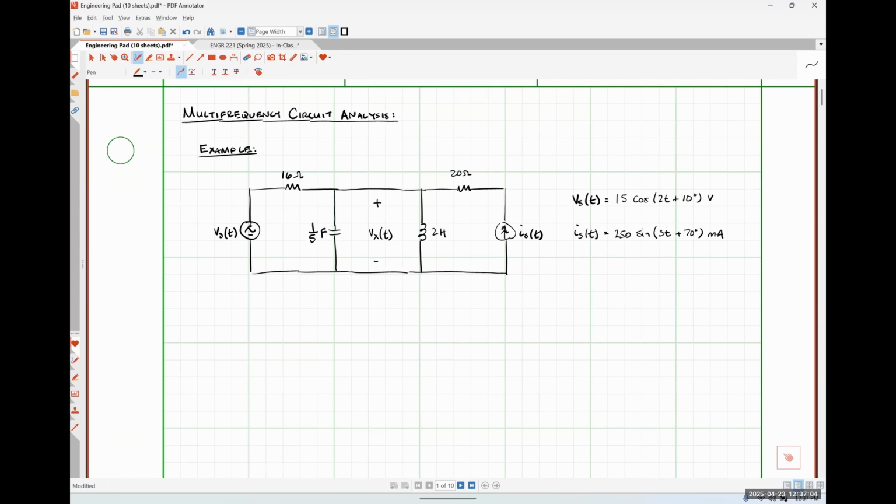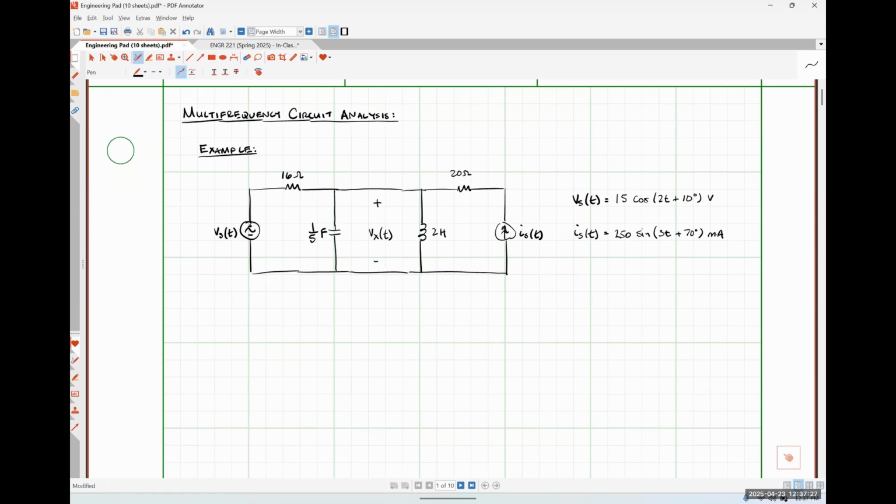So that's going to allow us to still use our frequency domain or phasor circuit analysis techniques, as opposed to getting into the nightmare of analyzing this circuit in the time domain, but now we have multiple frequencies to deal with, okay? So very good assumption there, because you're absolutely right, okay?